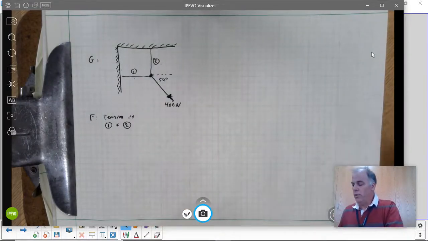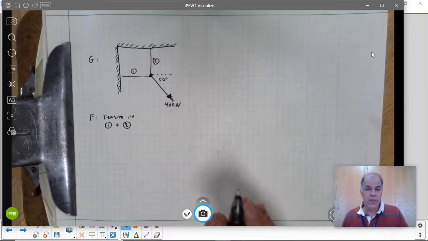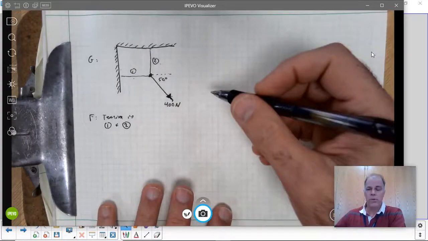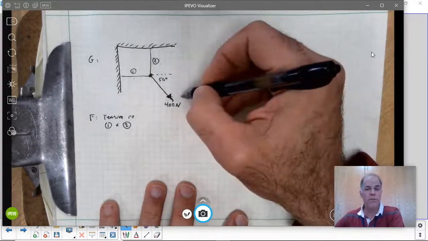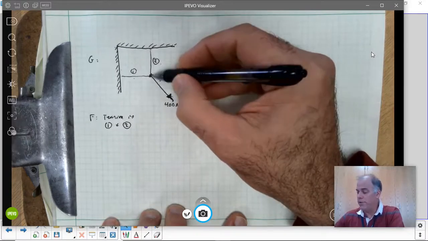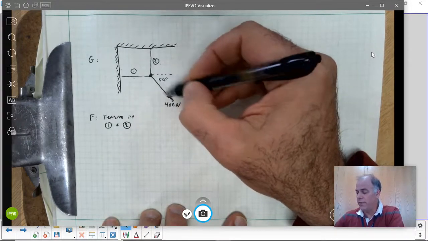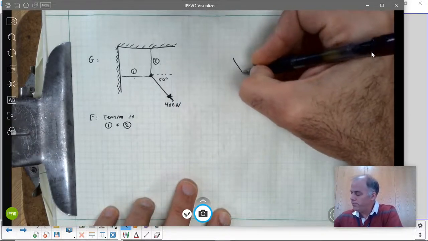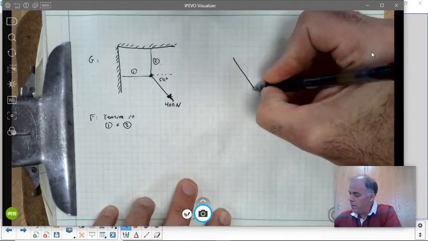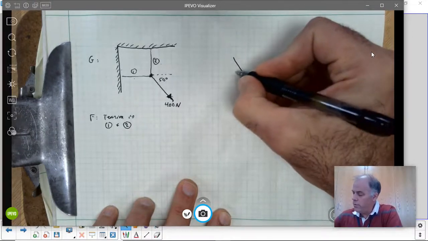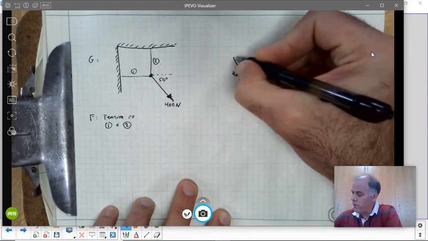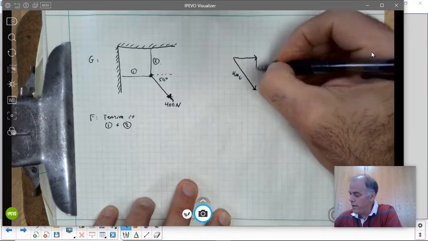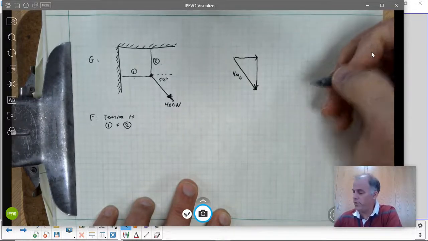Okay, so this one we don't even need triangles for. We can use triangles for it if we want to, but we can just figure out the components of this force vector. Okay, so we have 400 newtons. This is 400 newtons. And there is a horizontal component to that force, and there is a vertical component to that force.